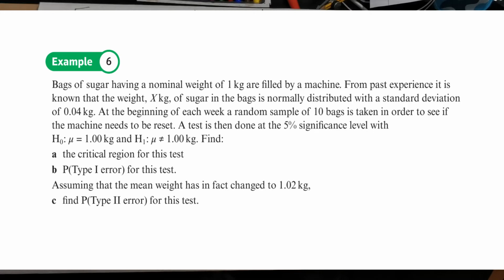At the beginning of each week, a random sample of 10 bags is taken in order to see if the machine needs to be reset. The test is then done at the 5% significance level, with H0 being mu is 1 kilogram and H1 being mu is not 1 kilogram. And the question for a start says, find the critical region of this test.